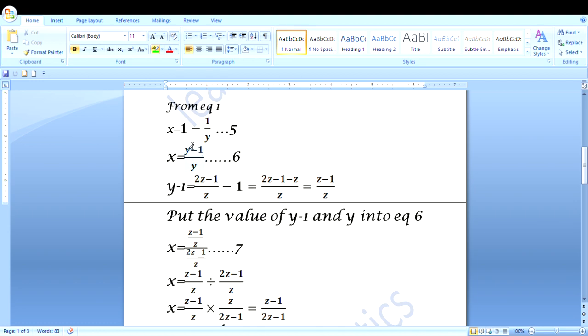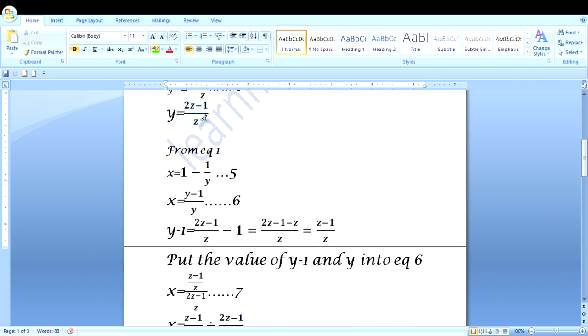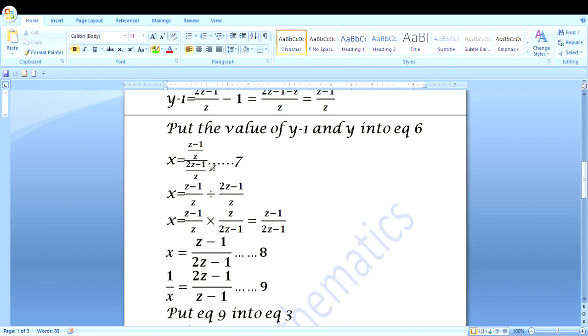We are using this to do some transformation. The value of y minus 1 is this, and the value of y we have also known to be 2z minus 1 over z. So we have z minus 1 over z divided by 2z minus 1 over z.